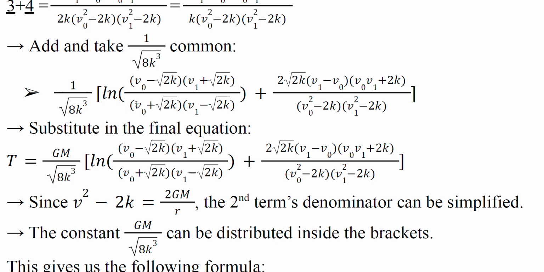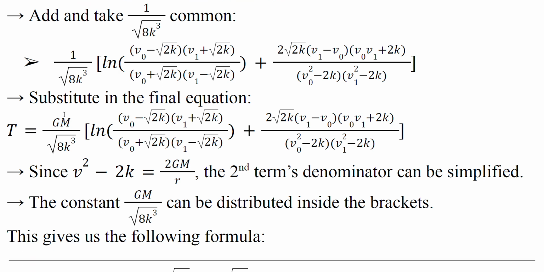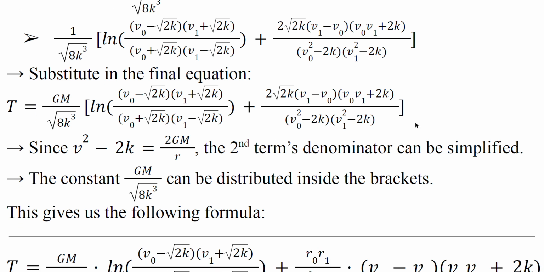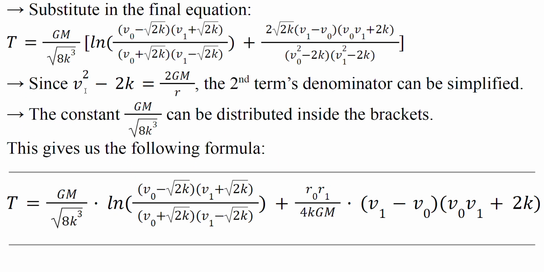So this is the entire value. But then the final equation was GM into the integral of all this, so we basically take this into GM. So that's what we have now, this entire value. But this term is a bit confusing, right? It's a bit too long, so we're going to be making it easier this way.